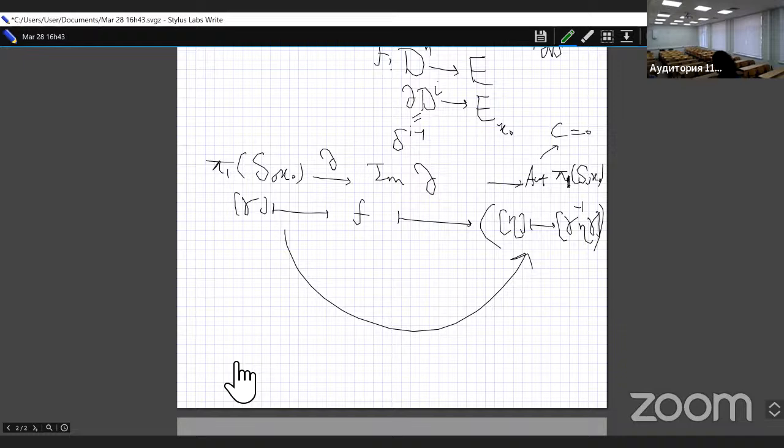And if there is no boundary, well, let's assume that we know that the center is also trivial.